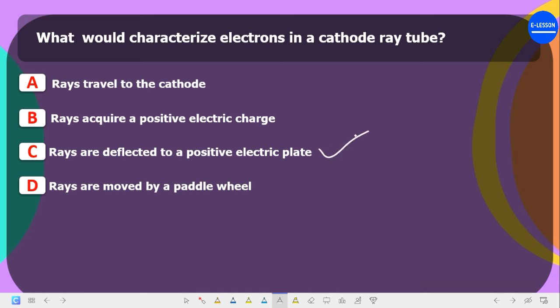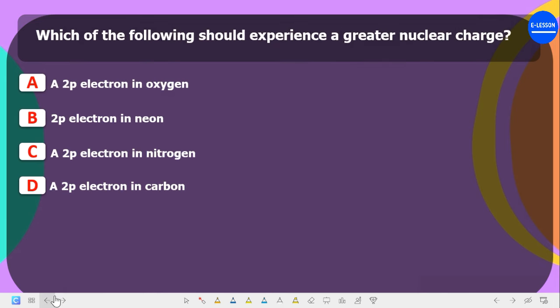That is true. The rays don't travel to the cathode; they emanate from the cathode, that means they come from the cathode. They don't acquire a positive electric charge. They are deflected to a positive electric plate. We've said that before. So the correct answer is option C.